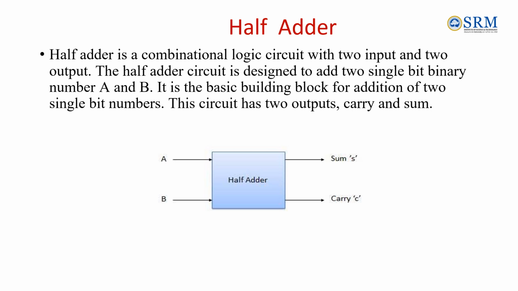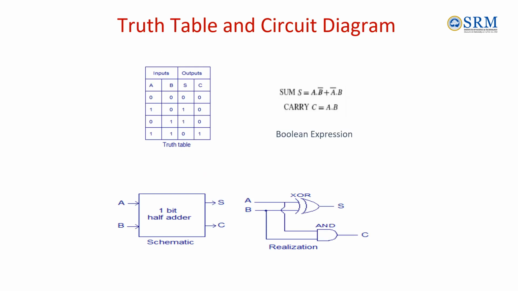So a half adder is a combinational logic circuit with two inputs and two outputs. The half adder is designed to add two binary numbers A and B. It's the basic building block for the addition of two single-bit numbers. The circuit has two outputs, carry and sum. So this is the internal circuit of the half adder.